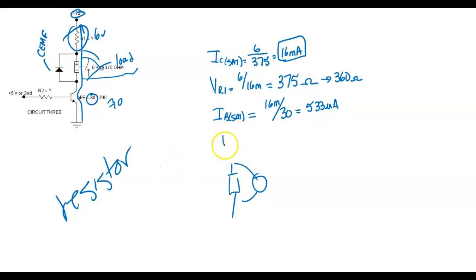And then R2 is going to be equal to 4.3 volts divided by 333 micro. And we'll round this guy down.